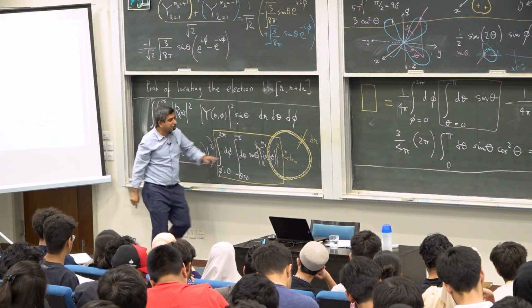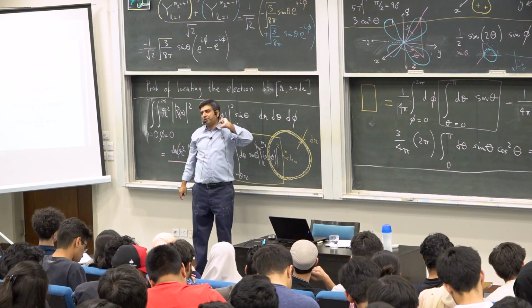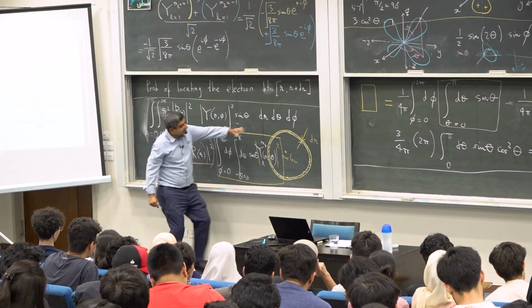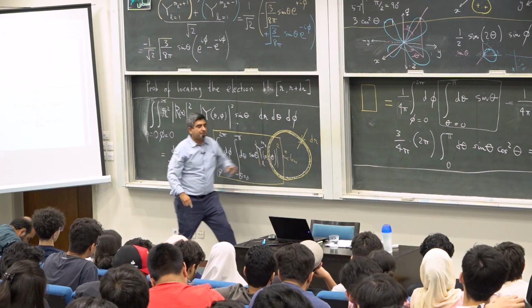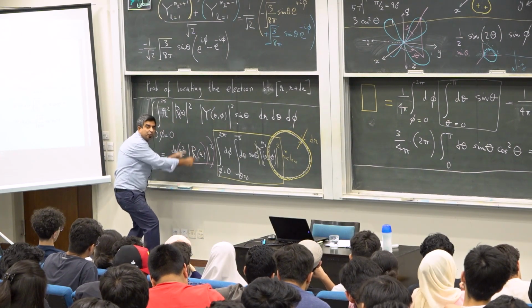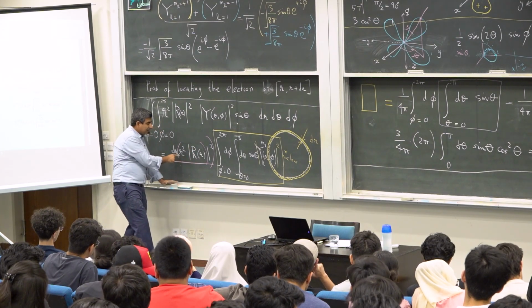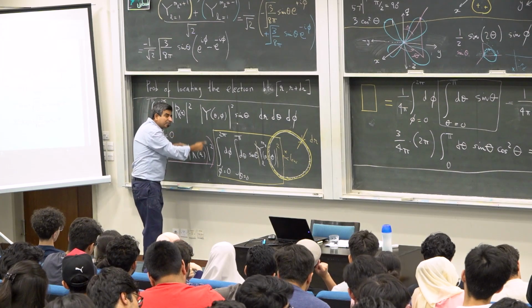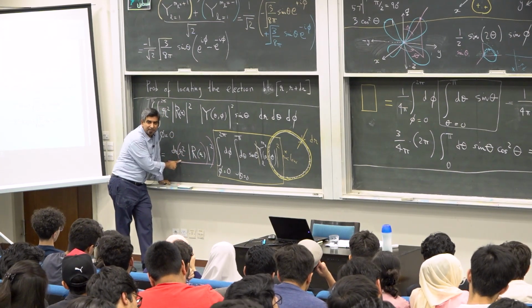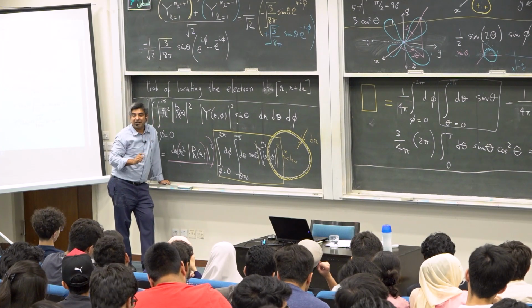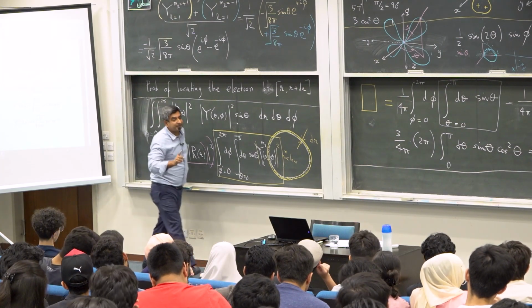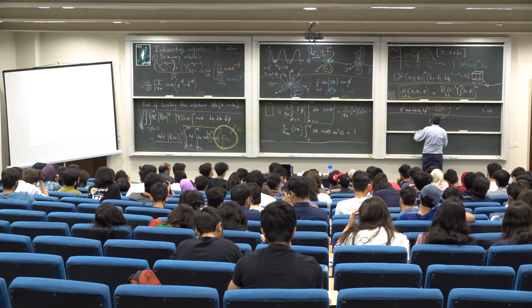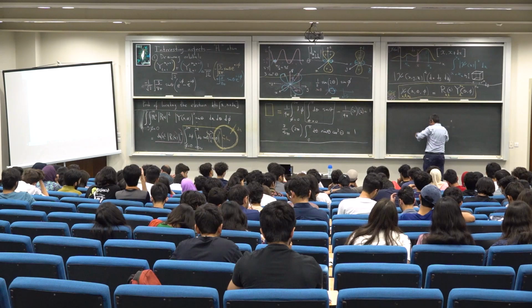In one shell, the probability of locating the electron is going to be dr, which is the thickness of this shell, multiplied by the radial wave function modulus squared multiplied with small r squared. So not just R modulus square, you really need to multiply this with small r square as well to find out the radial probability density. Let me write what we've seen so far on the blackboard.